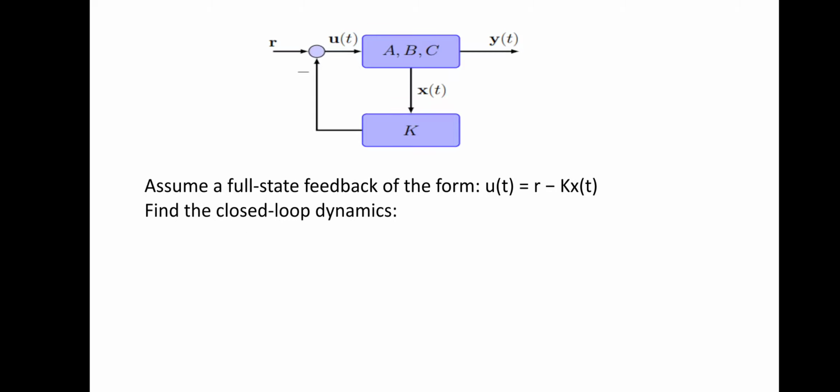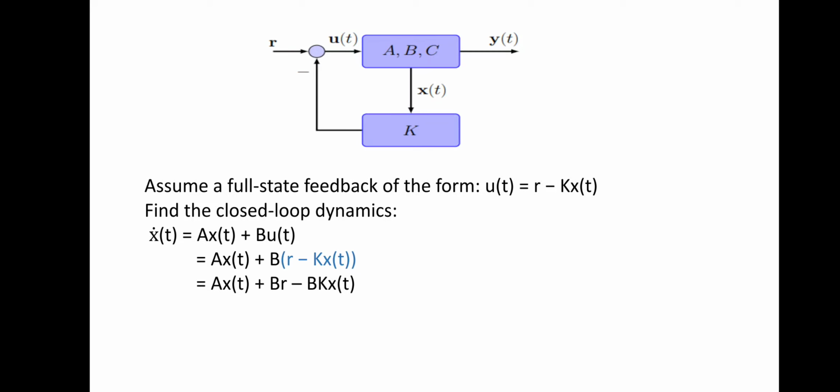Now let us find the closed loop dynamics. We already know x dot of t equal to A x of t plus B u of t. In that, instead of u of t, substitute r minus K x of t, and rewriting this will yield A x of t plus B r minus B K x of t.